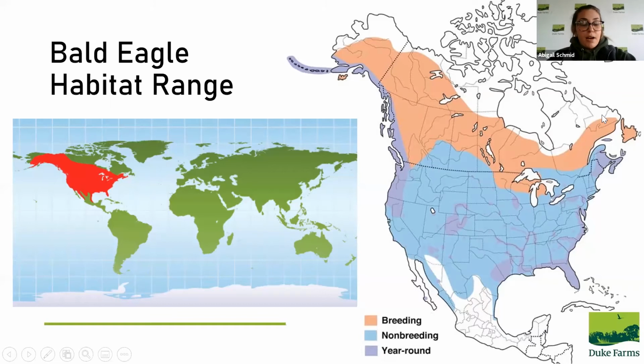Bald eagle habitat range. So in this first map, we can see everything that's in red is the habitat range for an eagle. We're not seeing anything over in Australia, Europe, Africa, no bald eagles over here. We're seeing mainly North America, specifically the United States and Canada.